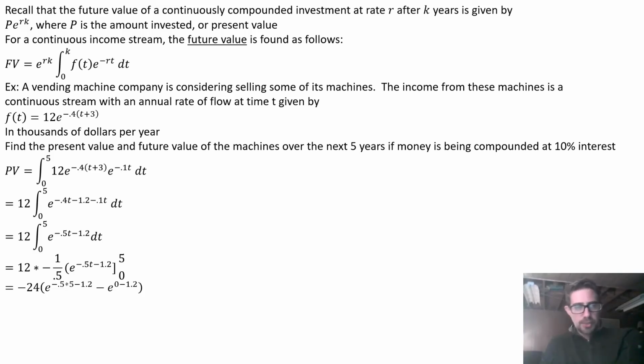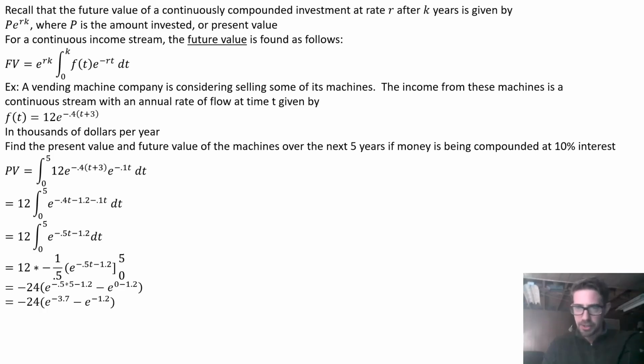Okay, so 12 divided by negative a half is the same as 12 times negative 2. And then it's e to the negative 0.5 times 5 minus 1.2, minus e to the 0 minus 1.2. So calculator time, apparently that's a negative 3.7, and that's negative 1.2.